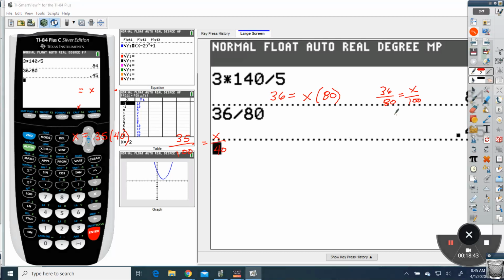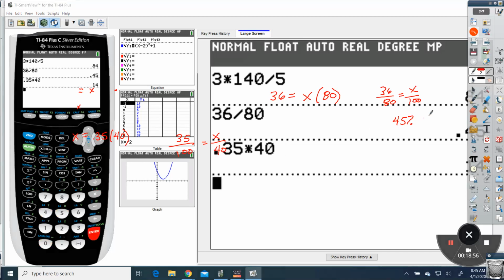So that would be 45% on this one. And this one, I need to go just 0.35 times 40, and that says it's 14. So this equals 14. It'd be the same thing if I were to go 35 times 40 and divide it by 100. I moved the decimal place over when I did 0.35. On this one I didn't, because it's 35 divided by 100. So just a little bit of a difference in how you do them. Either way, like I said, is great. I'm happy with either one.